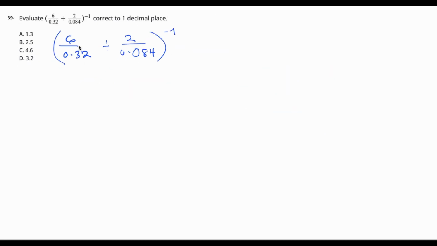So question 39 says evaluate this expression correct to one decimal place. So first, let's eliminate all decimal places in this expression to make our lives easier. To do that for this first part, we will have to multiply by 100. So that moves the decimal place two places, and we have 212 and 32. But we have to also multiply the numerator by 100 as well.